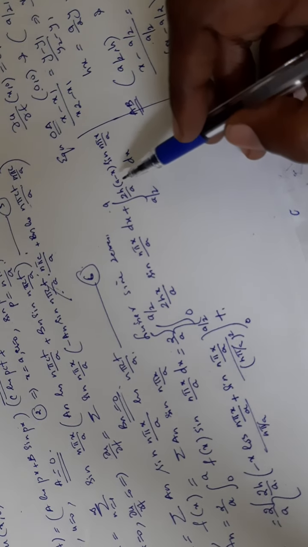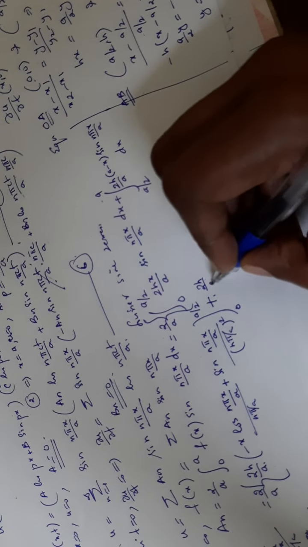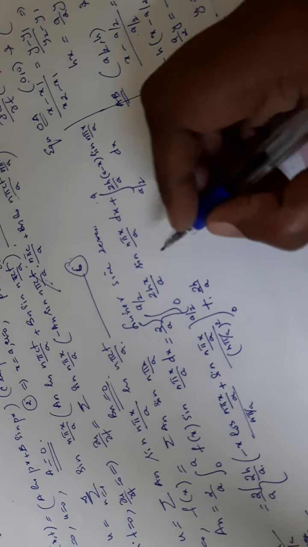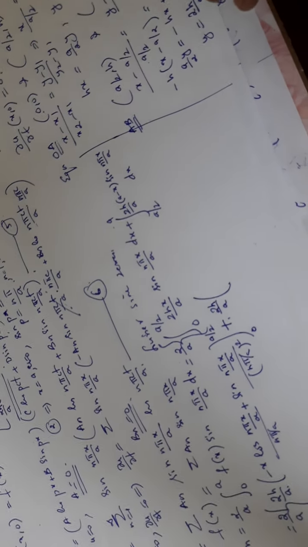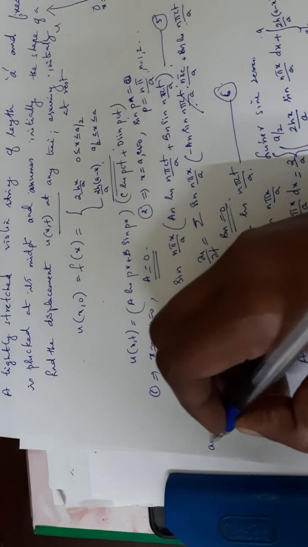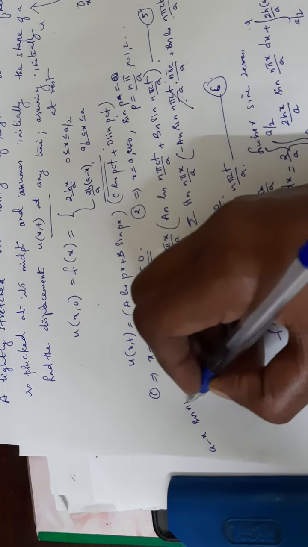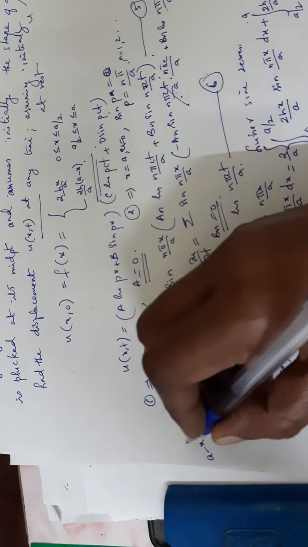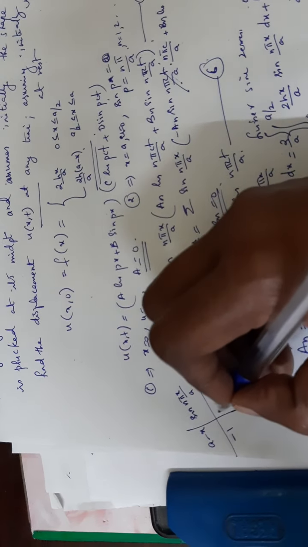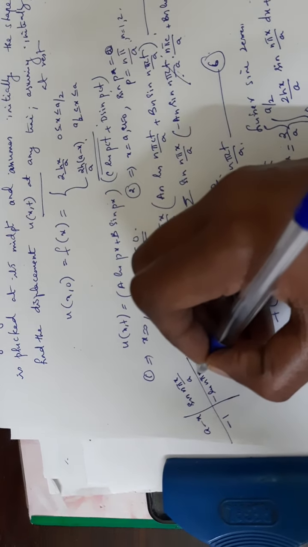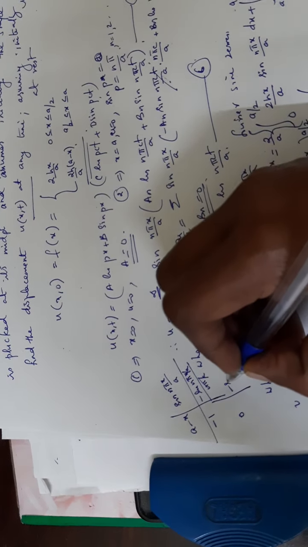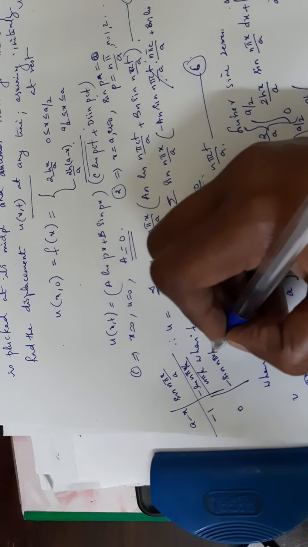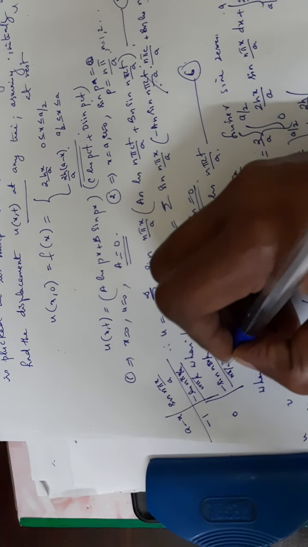You can separate them if you want. 2h by a into, again, first term a minus x, second term sin n pi x by a. Derivative is minus 1, integral is minus cos n pi x by a by n pi by a, again 0, minus sin n pi x by a by n pi by a the whole square.